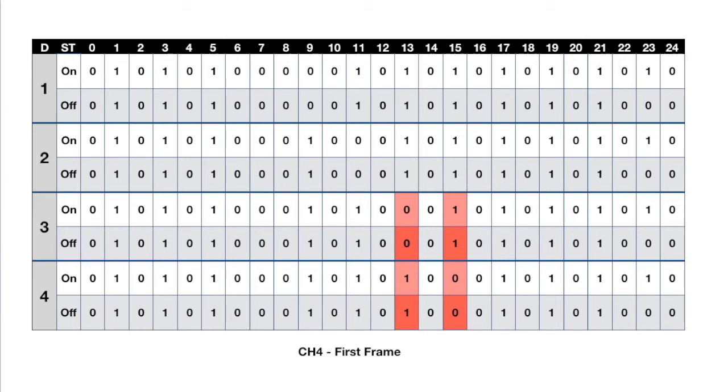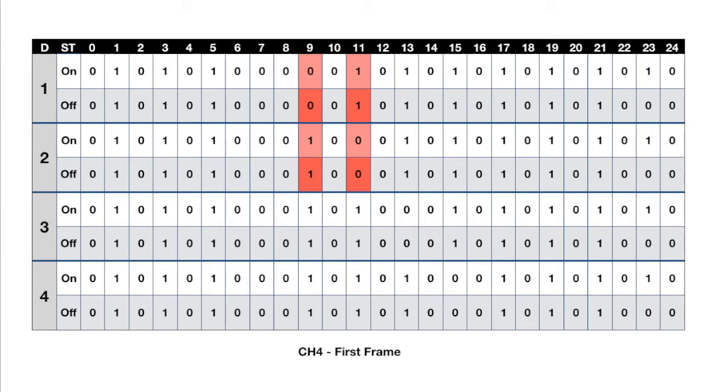So let's go back to the first one. A 0 in bit 9 indicates that this is the first device, and hence all the other bits 11, 13, 15, 17, 19, and so on are all ones.